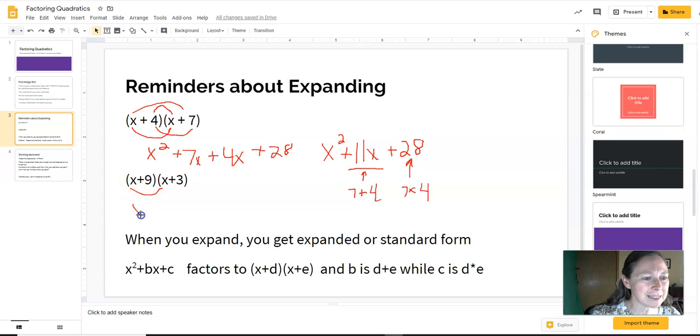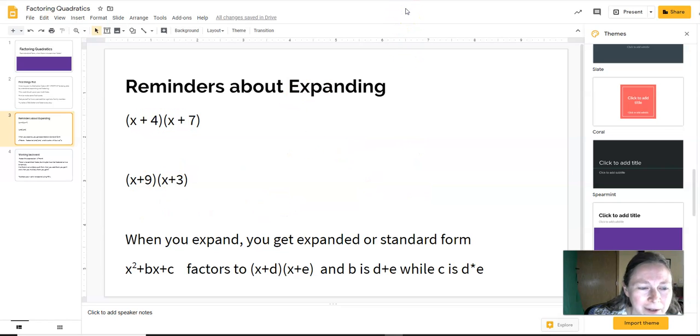x times x is x squared. Outside terms, x times 3 is 3x. Inside terms, 9 times x is 9x. And then last terms, 9 times 3 is 27. And then we simplify the whole thing.